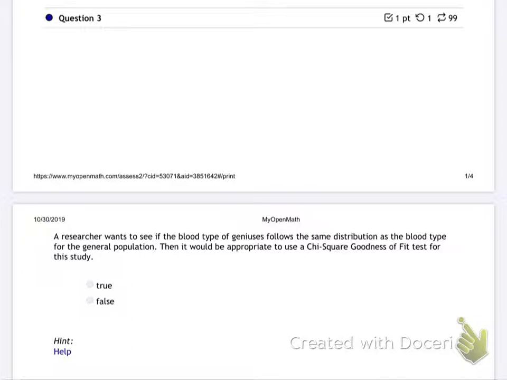A researcher wants to see if the blood type of geniuses follows the same distribution as the blood type for the general population. Then it would be appropriate to use a chi-square goodness of fit test for this study. So the blood types. Now, what kind of blood types are there? Well, there's A, B, AB, O, and there's positive for all those, and then there's negative for all those.